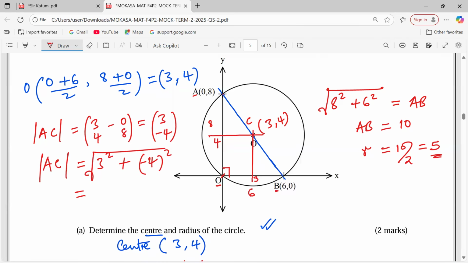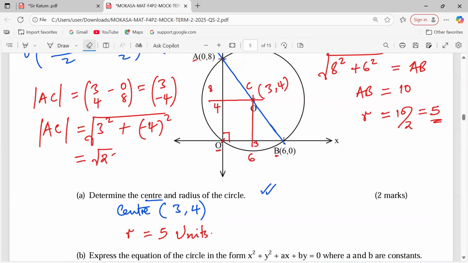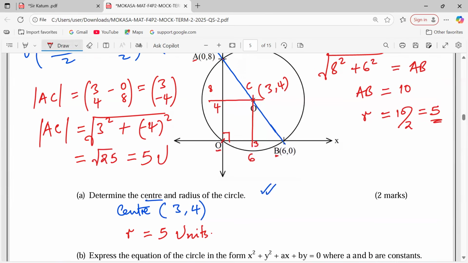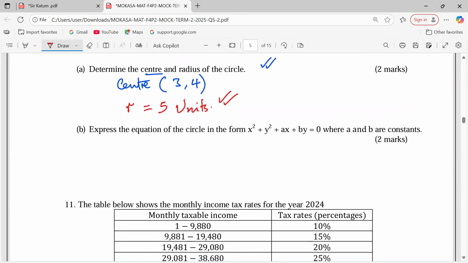This is going to be 9 plus 16, which is 25. The root of 25 is 5 units. So we can have several approaches to the same, but anyway, it is already confirmed that the radius is 5 units.